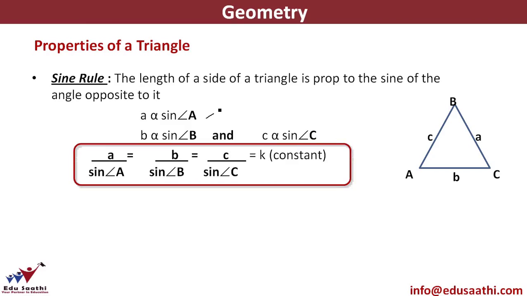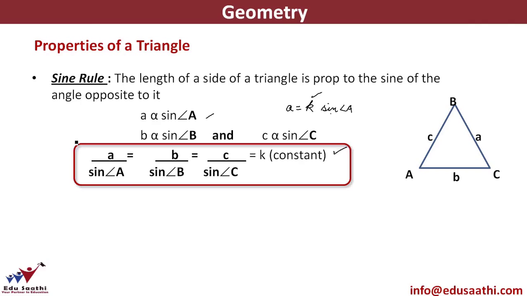And therefore, you can form the relation which is, if I just remove this sign of proportionality and equate it with the sign of equality, I'll have A is equal to K sine A. Now this K is a constant of proportionality that can be found out in all the cases, which will be A over sine A, and can be equated because the constant remains constant.